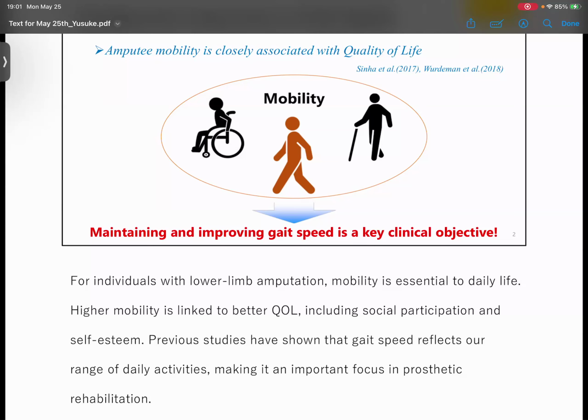Previous studies have shown that gait speed reflects our range of daily activities, making it an important focus in prosthetic rehabilitation.